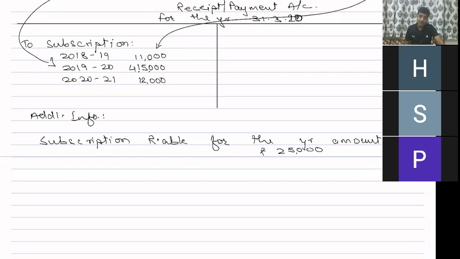And if this 25,000 is receivable at the end of the year, so this 25,000 is not been included in this 4,15,000. Correct or not?